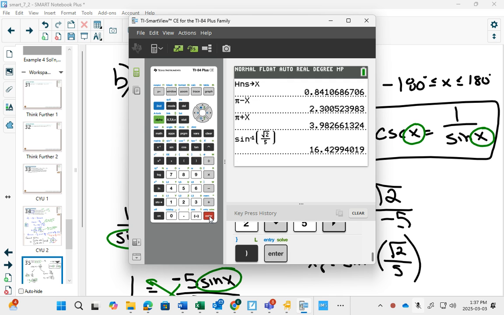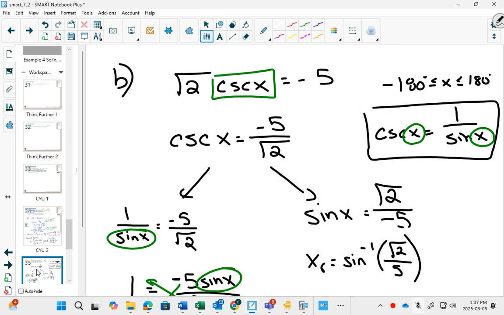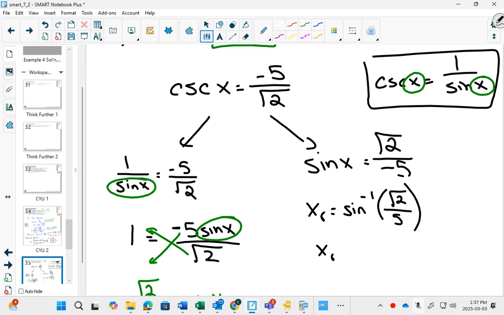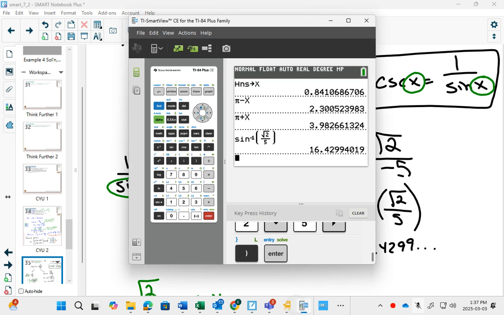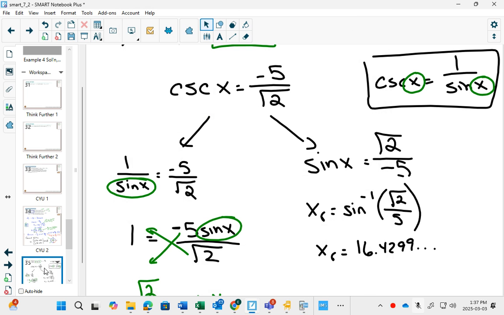It tells me a reference angle of 6.43 degrees, 6.4299. Again, I keep a bunch of decimal places for now, according to my CAST rule.